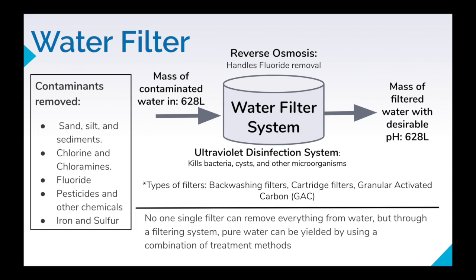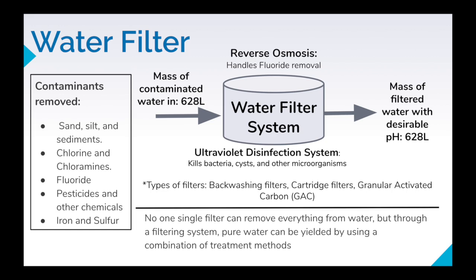So, for example, reverse osmosis handles fluoride removal, and then we have the ultraviolet disinfection system, which kills bacteria, cysts, and other microorganisms. There are a lot of different types of filters: backwashing filters, cartridge filters, granular activated carbon, GAC.